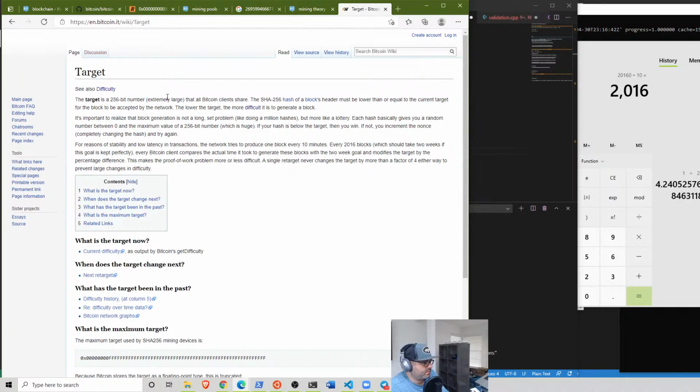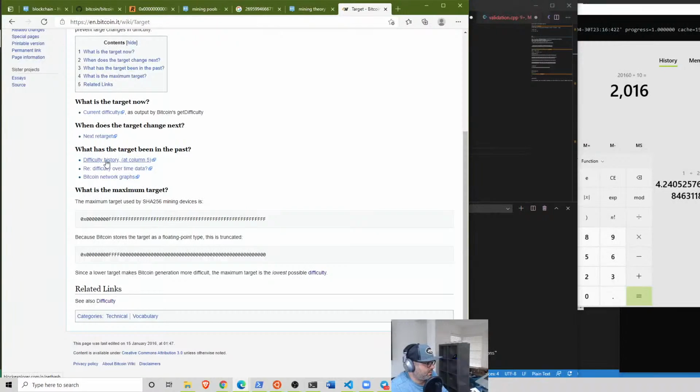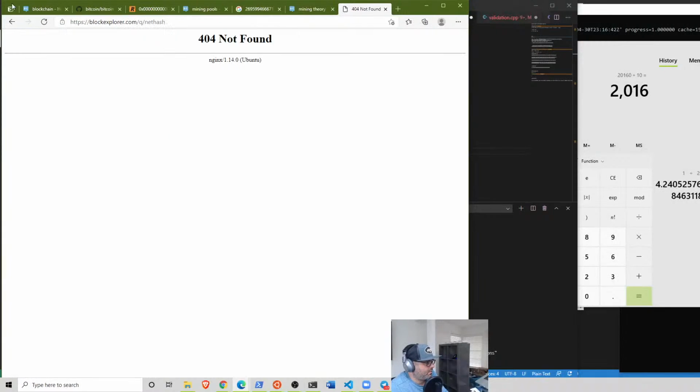The target is an extremely large 256-bit number. We know that. The lower the target, the more difficult it is. Okay.